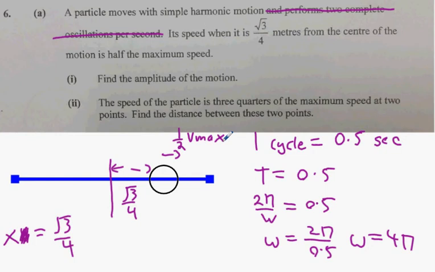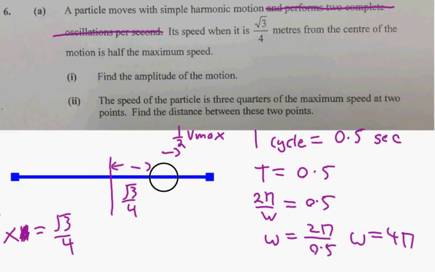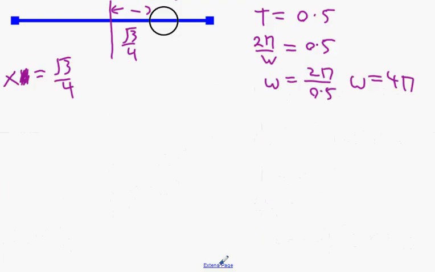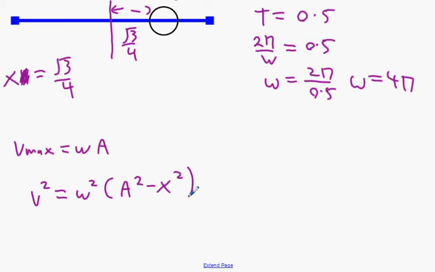Okay? So what we're going to have to try and figure out is, what is Vmax? Does anybody have the formula for Vmax learned off by heart? Vmax equals omega A. Now, if you don't have it learned off by heart, there's another way. You can say that v squared equals omega squared (A squared minus x squared). Where on the diagram did I tell you that its maximum velocity occurs? x equals 0.